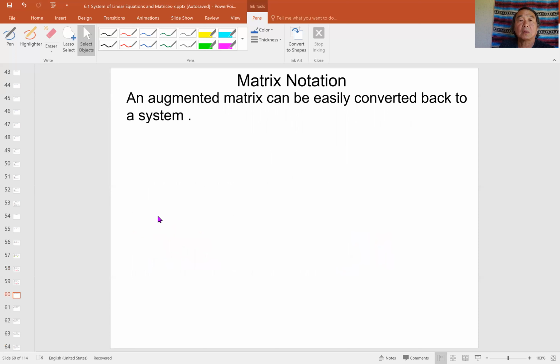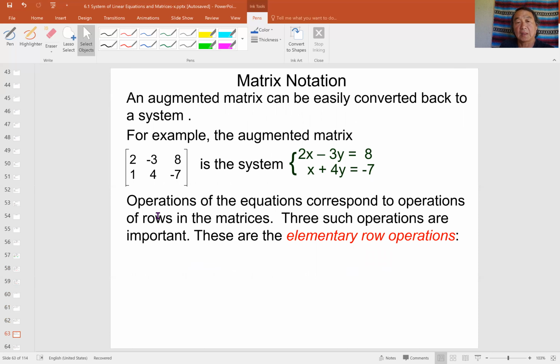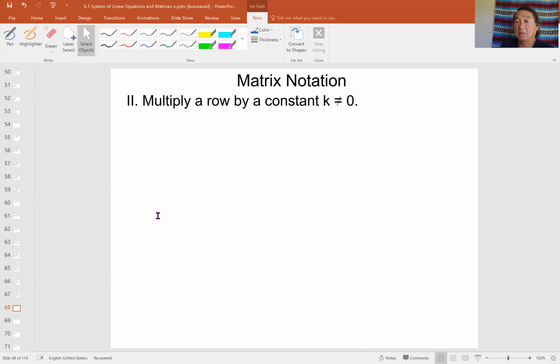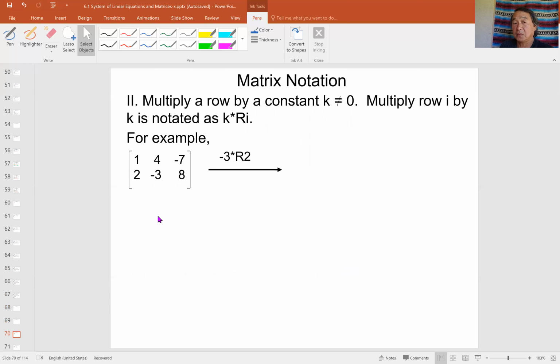And what do we want to do? These are the things we are allowed to do. We can switch two rows without changing the answer of the system. We can multiply a row by a number without changing the answer of the system. It's still a different looking system, but it gives you the same answer.